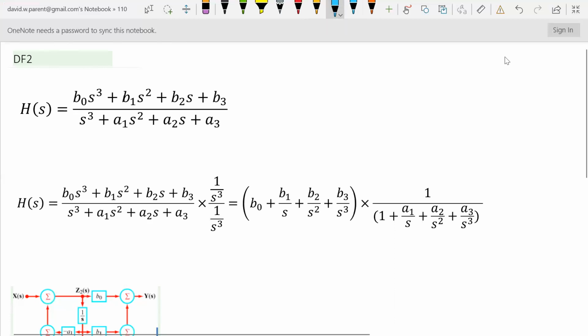So we need to convert this to integrators, right? Ultimately, all these circuits will be synthesized using inverting integrators.